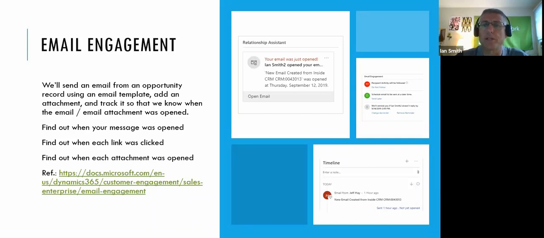And also there's a way to add email attachments and to see when and if they open the email attachments. So for example here, in the assistant area, it tells you that your email was just opened, and the same thing down here in the timeline area. This one says that you sent an email to this person an hour ago, but it's not yet opened.